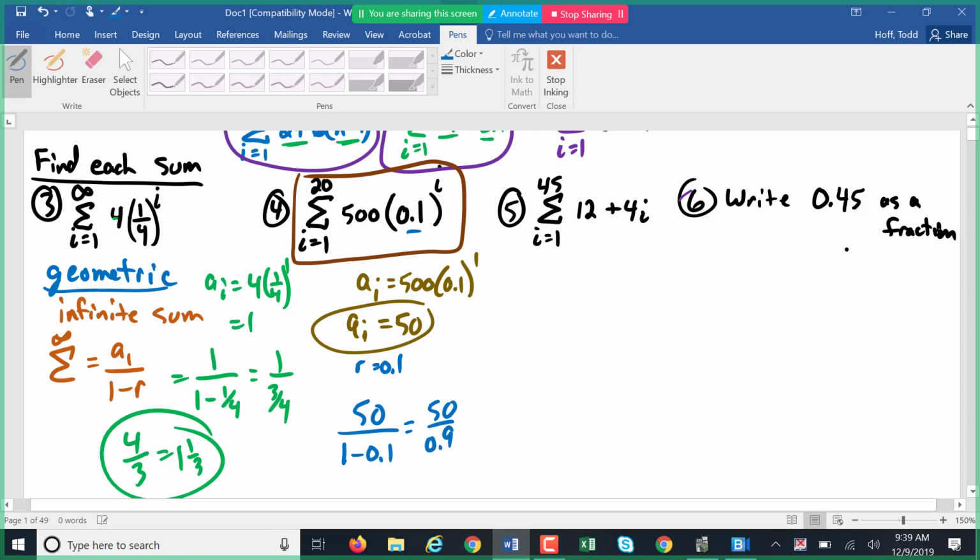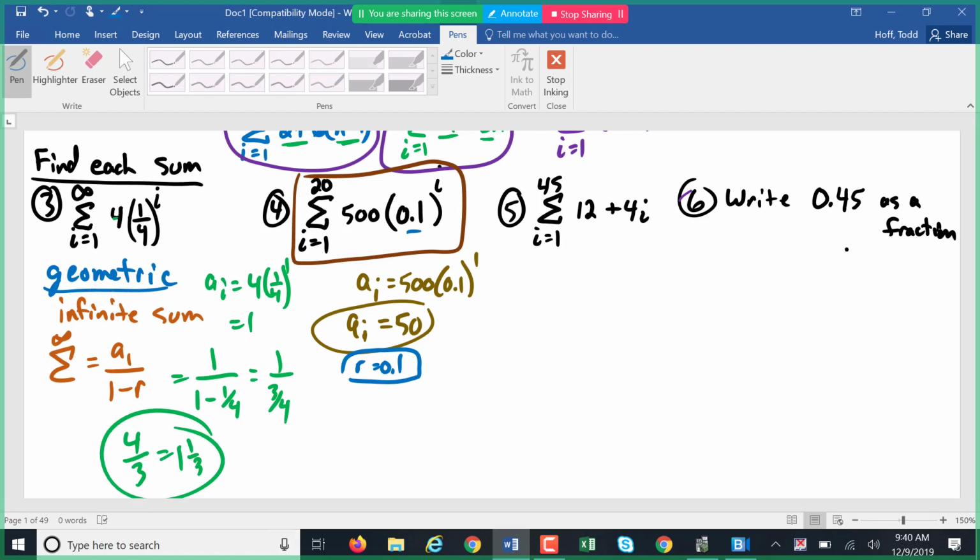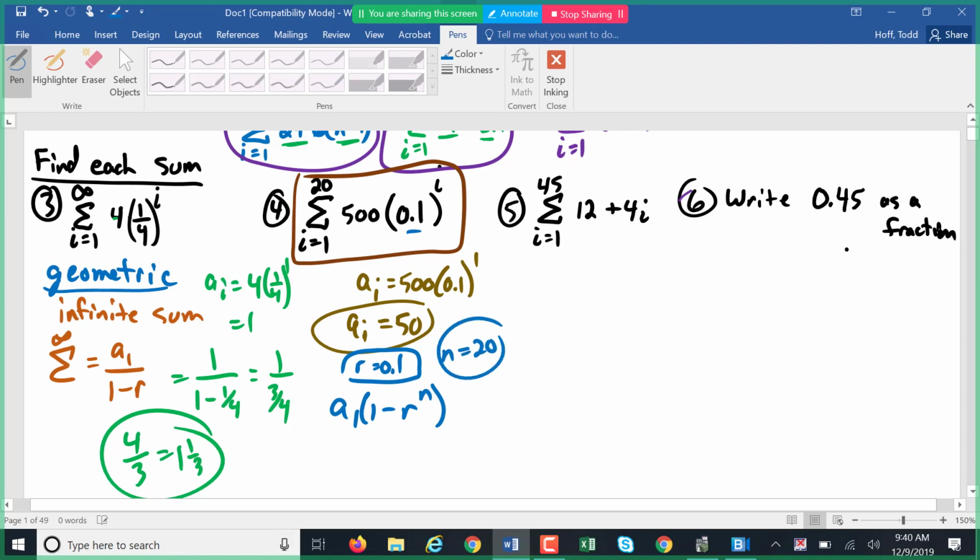Oops, sorry. This is not an infinite sum. Got to get the right formula. So if we have a1 equals 50 and r equals 0.1, the formula for a finite sum is a1 times 1 minus r to the n, where n, in this case, will be 20, the last term of the sequence, the 20th term, over 1 minus r.